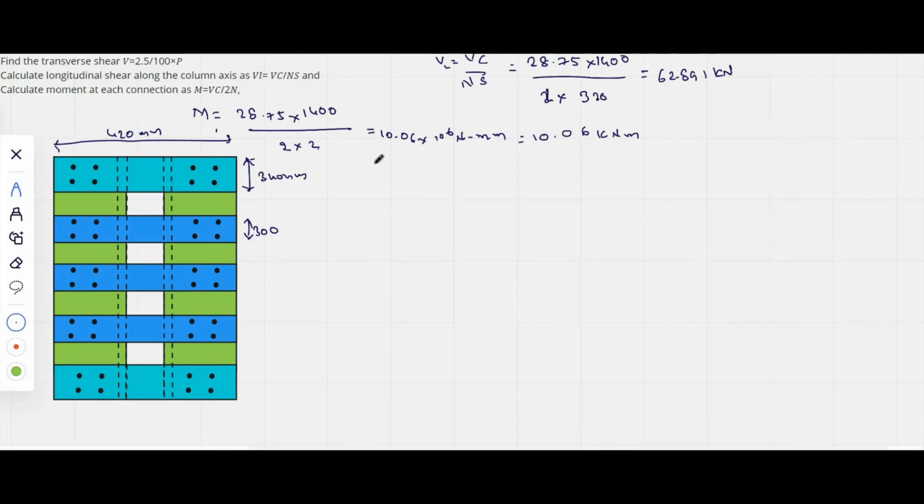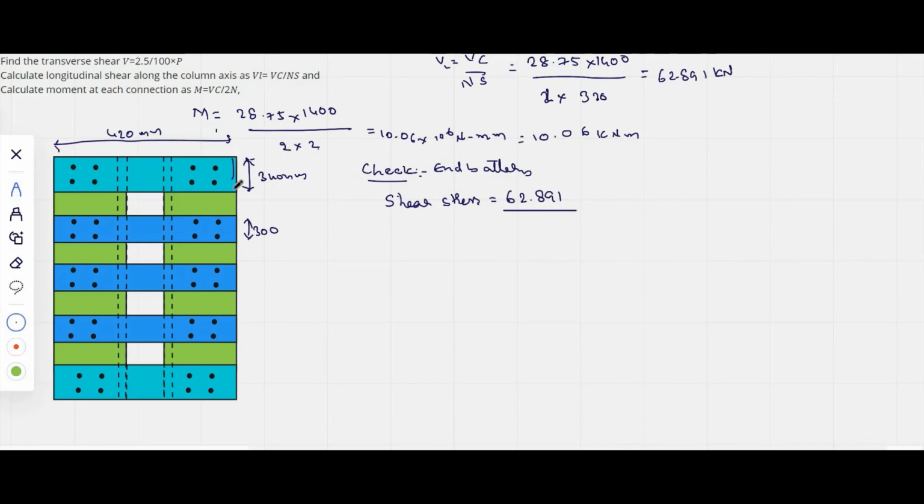So first let us check with respect to end battens. Now let us calculate. There are two types of loads here. One is direct shear. For that purpose, let us calculate shear stress, which is nothing but load by area. The shear load, which is about 62.891, by shear area.